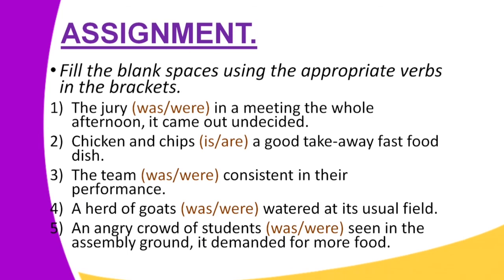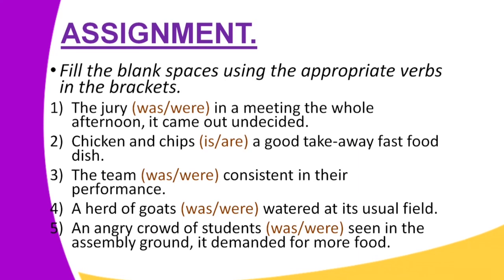The pronoun it should tell you that the jury here is being treated as a single entity. Because if it were being treated as a plural entity, then we shouldn't have used it, we should have used they. So in this case, we can only say the jury was in a meeting the whole afternoon. It came out undecided, meaning it's being treated as a single entity.